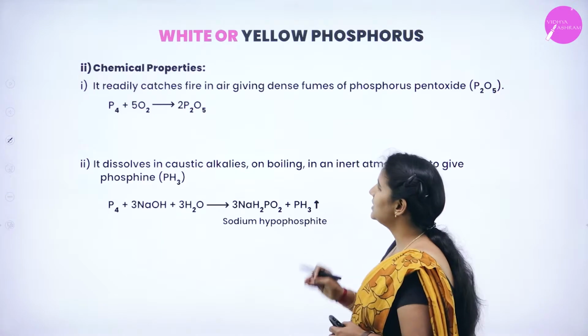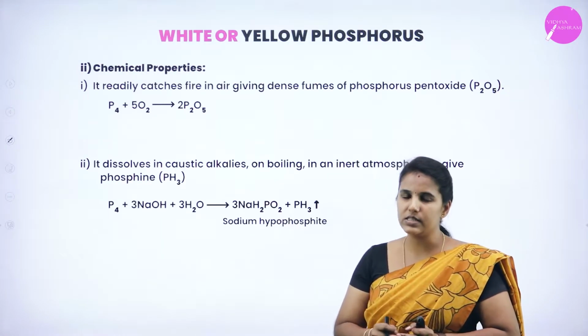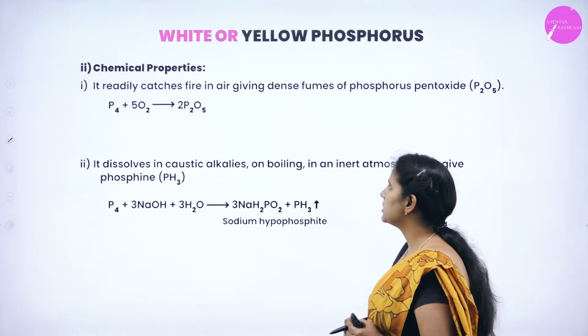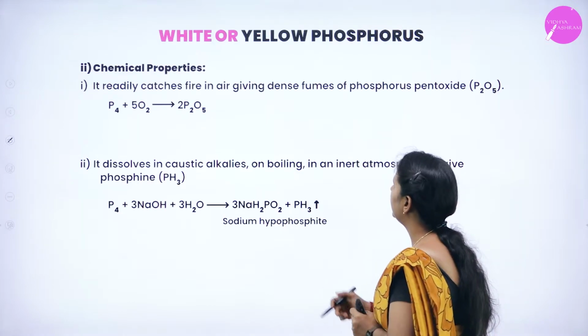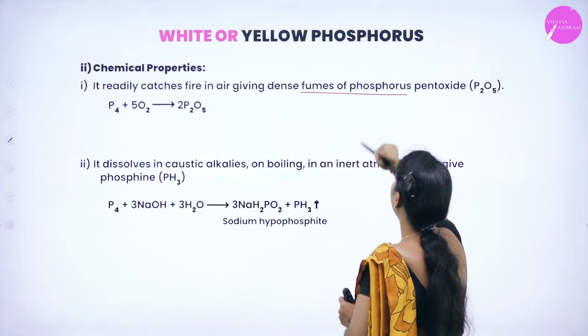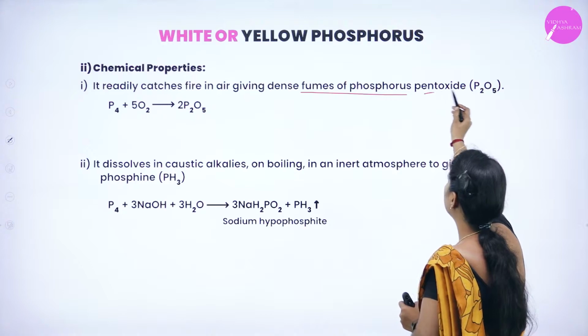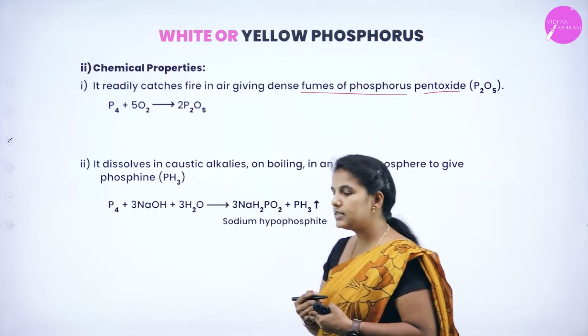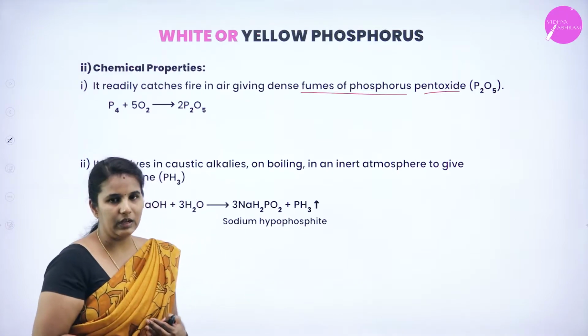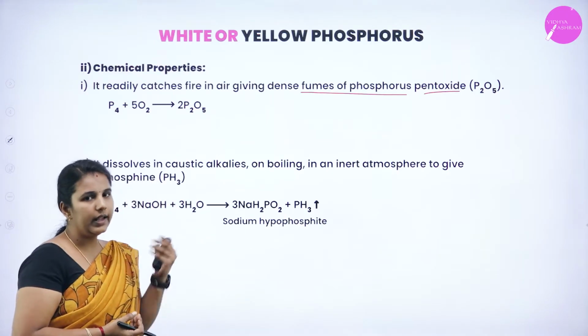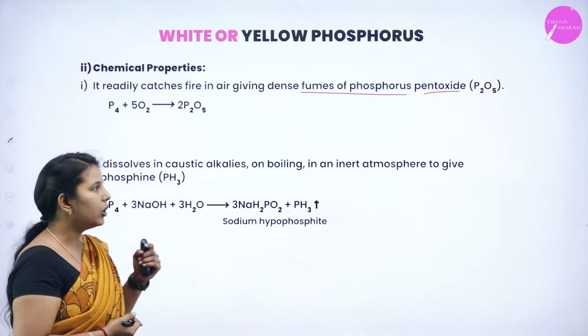Okay, let us study the chemical properties of this white or yellow phosphorus. It readily catches fire in the air, giving dense fumes of phosphorus pentoxide. What does it give? When this yellow or white phosphorus reacts with the air, which consists of oxygen, it gives phosphorus pentoxide.